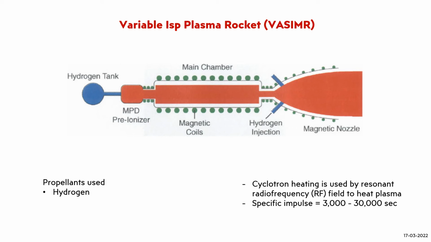Work on the VASIMR concept was conducted at the MIT Plasma Fusion Center in the early 1980s, and it is presently going on at the Advanced Space Propulsion Laboratory, NASA's Johnson Space Center. A small-scale VASIMR prototype is scheduled to be tested on board the International Space Station to verify the performance parameters.